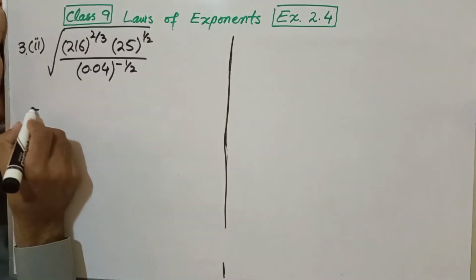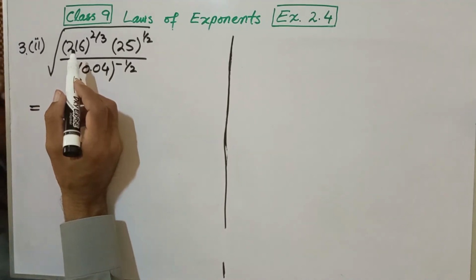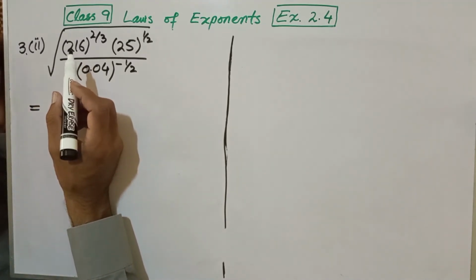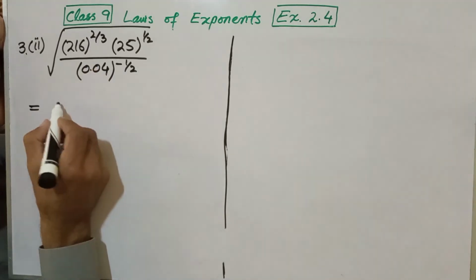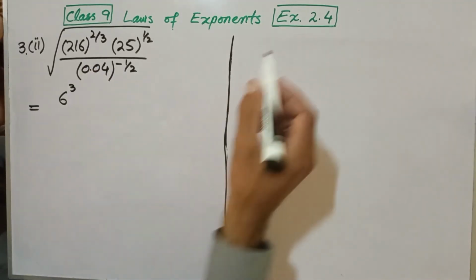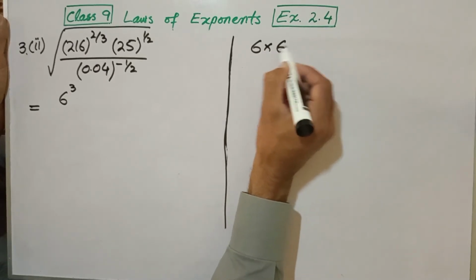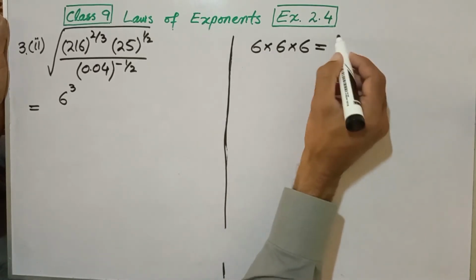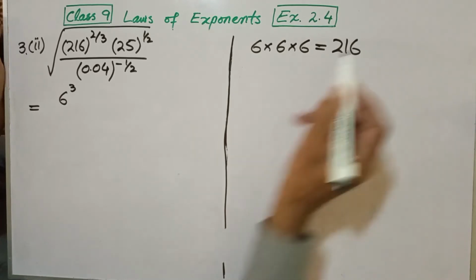Second part, we know that 216 can be written as 6 cube, because 6 into 6 into 6 is 216.